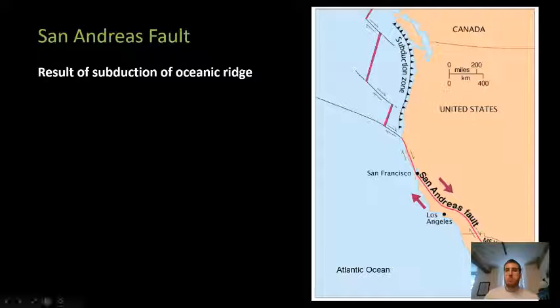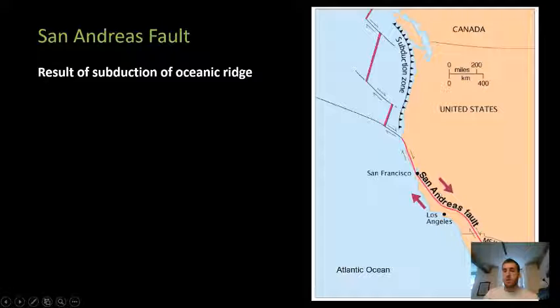However, it's a bit different than the Cascadia subduction zone to the north in the sense that the San Andreas Fault is only associated with side-by-side plate movement as the Pacific plate moves up here towards the northwest. And because of that, there's no magma being generated, so you don't have volcanoes along transform boundaries.